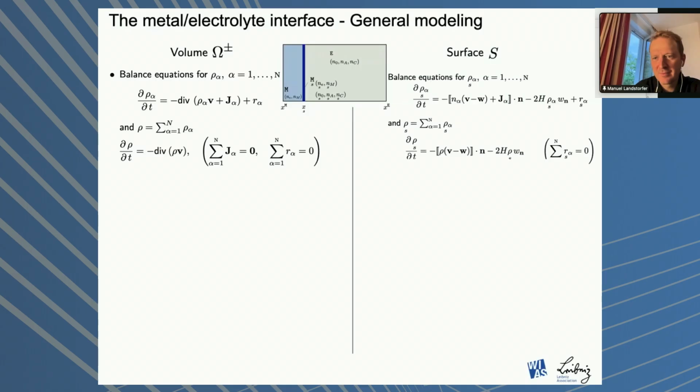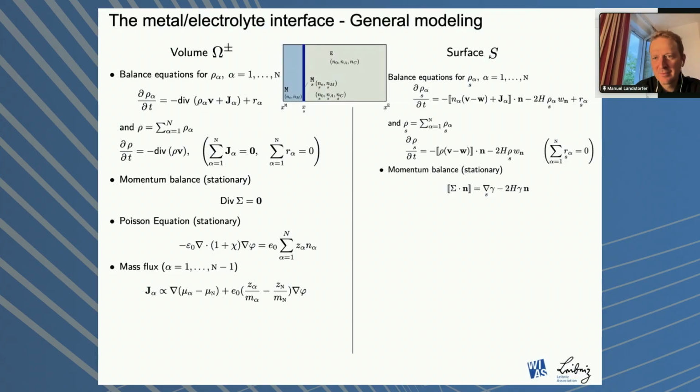Yeah, so we have balance equations in the volume and on the surface. Then, in addition to that, you have a momentum balance, or in an unstationary state, this would be the Navier-Stokes equation. On the right-hand side, you have on the surface the jump of stress, which is proportional to surface tension.